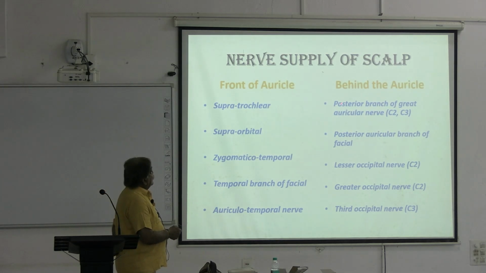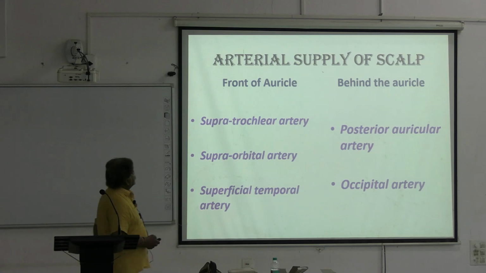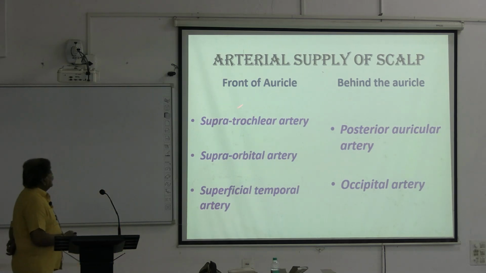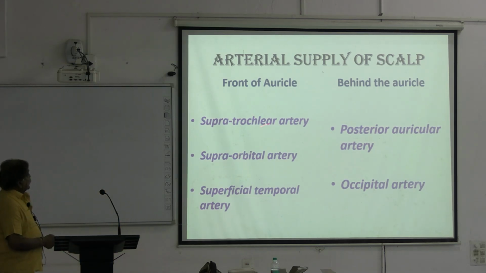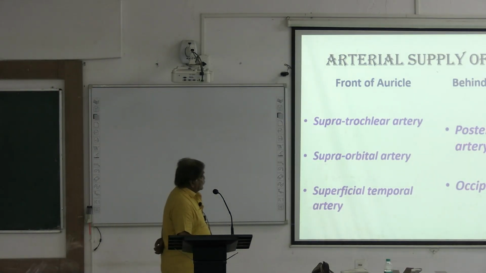Behind the auricle, posterior branch of great auricular nerve, C2, C3, posterior auricular branch of facial, lesser occipital nerve, C2, greater occipital nerve, C2, and third occipital nerve, C3. Arterial supply of the scalp: in front of the auricle, supratrochlear artery, supraorbital artery, superficial temporal artery, posterior auricular artery, and occipital artery.